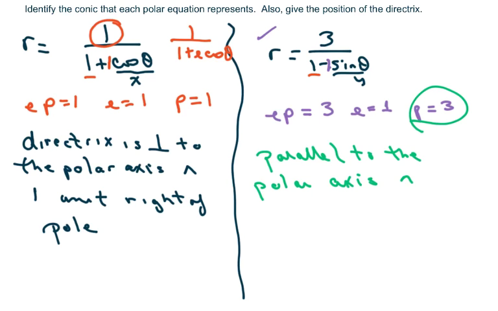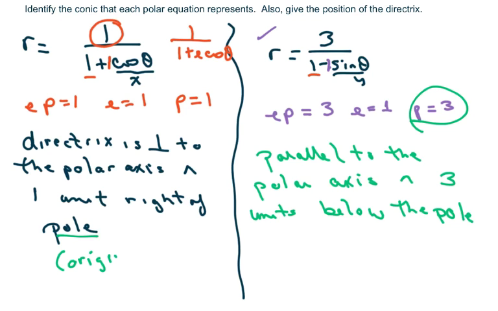It's 3, and it's 3 units below the pole. And remember what pole means. Pole is the origin. Alright? So that's how we're going to do this.